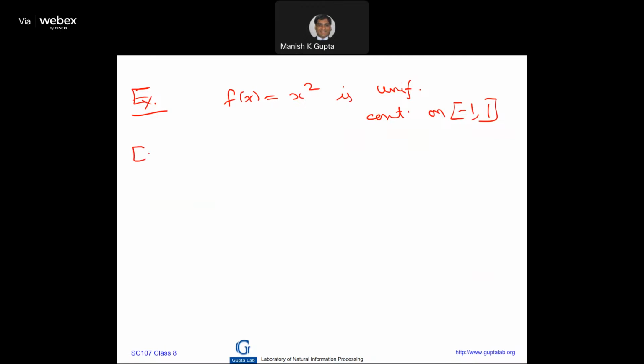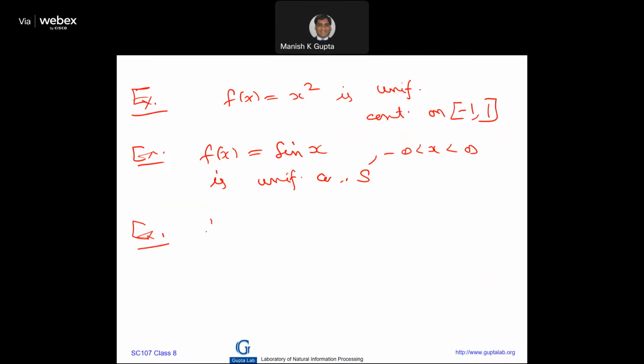Right. Another example. f of x is equal to sine x, where -infinity less than x less than infinity, the whole real line, is uniformly continuous. Another example. Oh yeah, so I forgot.